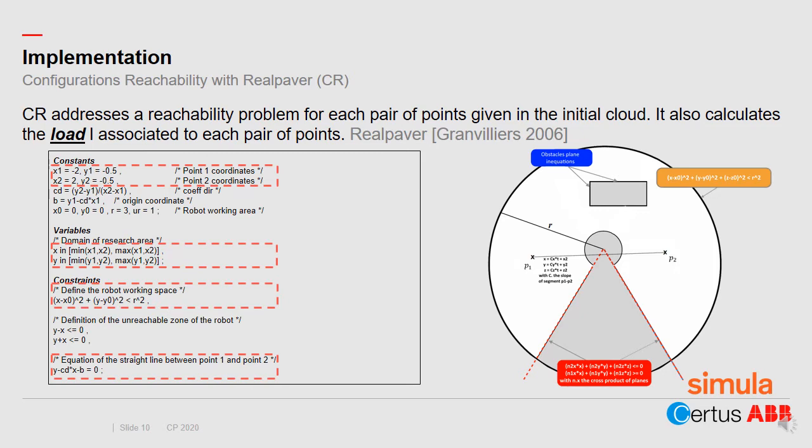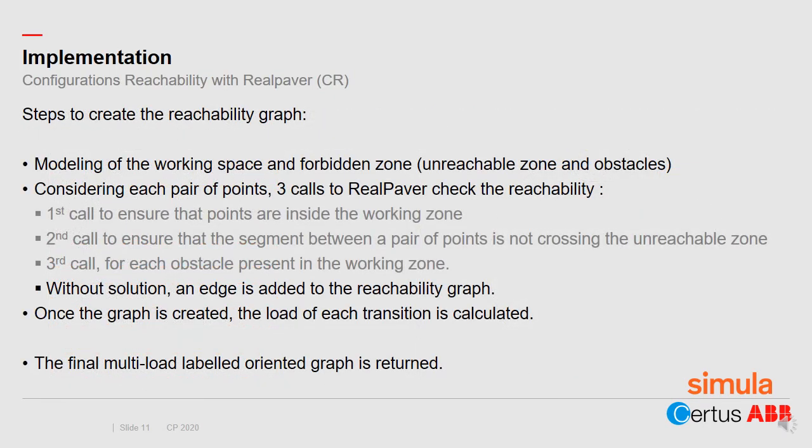So for doing this, we have several steps. The first step is the modeling of the working space and the forbidden zone. Forbidden zone is the unreachable zone and all the obstacles that test engineers put into the working space.